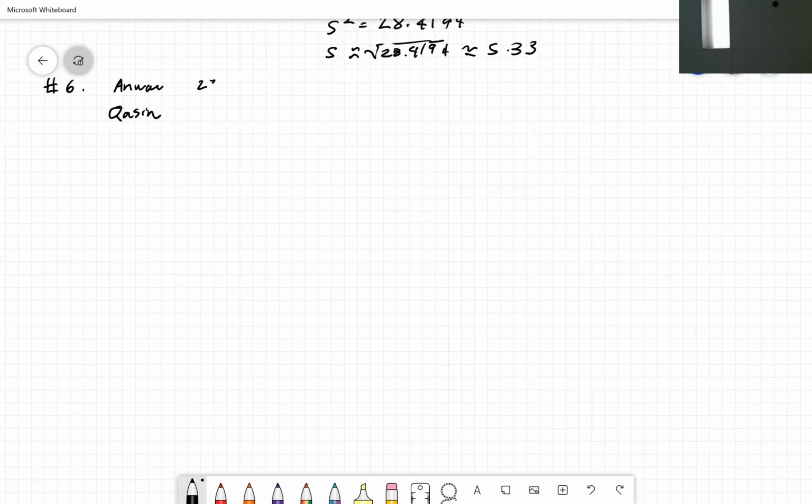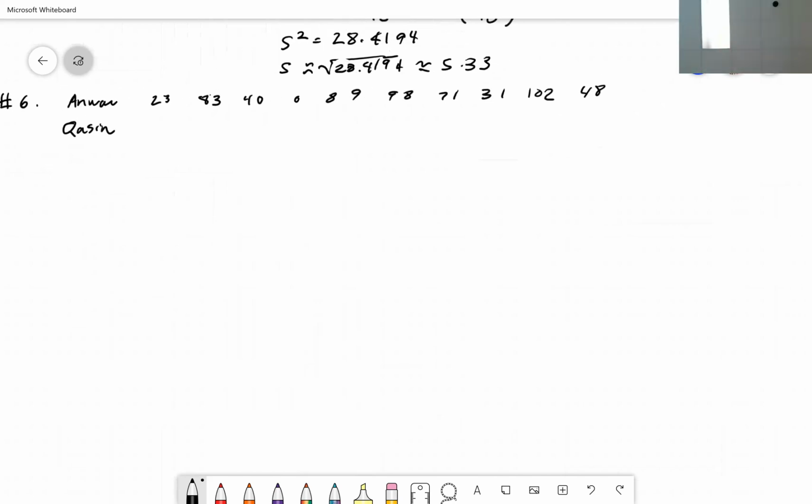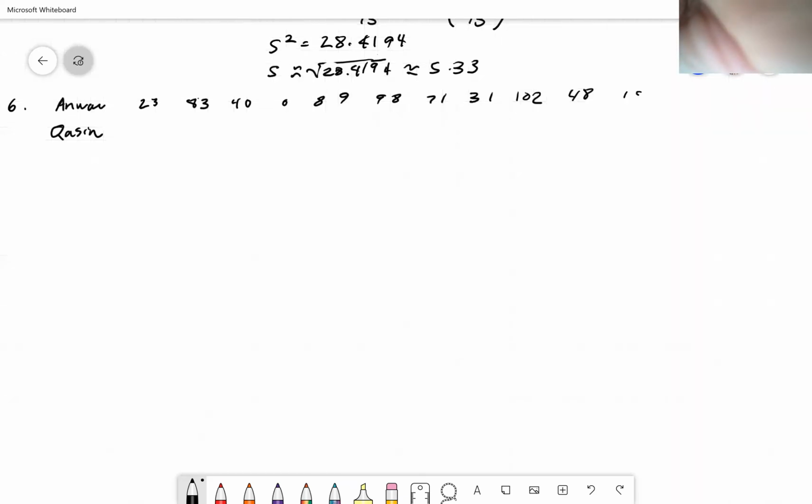We have 23, 83, 40. We have 0, 89, 98, 71, 31, 102, 48, 15, and 18.